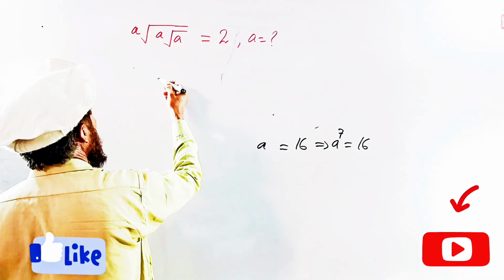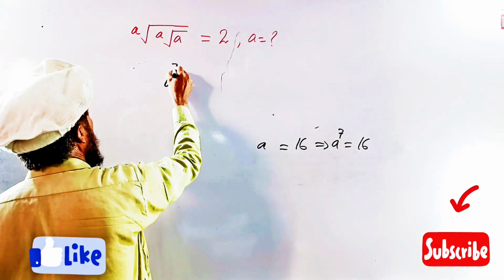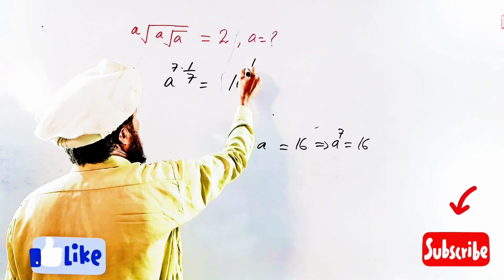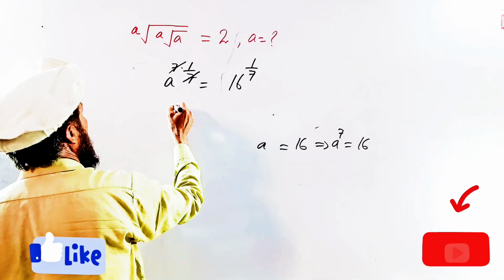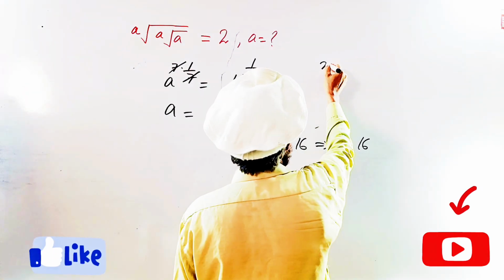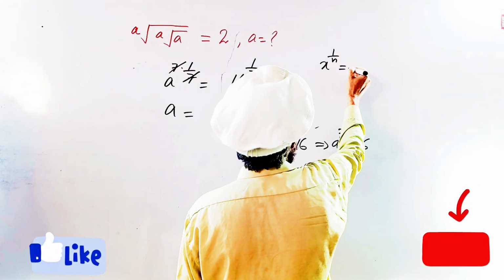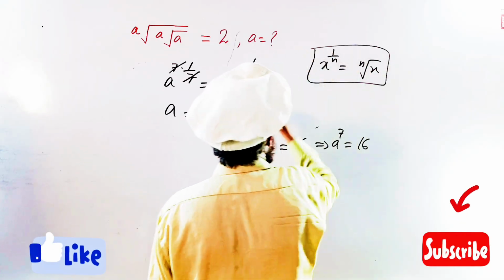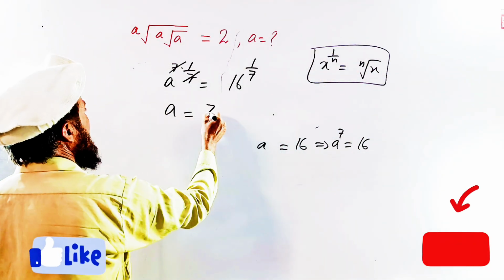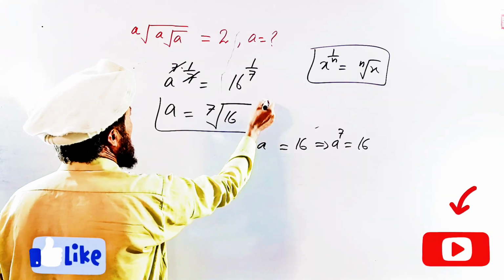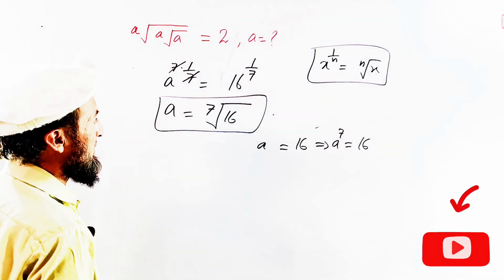Now we take the exponent of 1 by 7 on each side, so this is cancelled and a is equal to, we can write in index form, x to the 1 over n is equal to the nth root of x. This is the rule of index form. So we can write the 7th root of 16 as the answer from the first method.